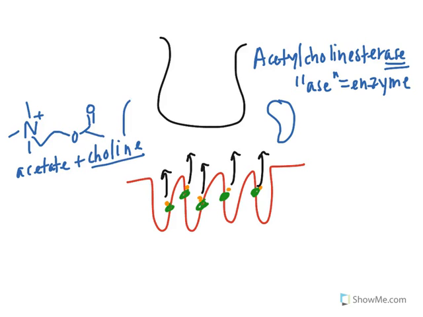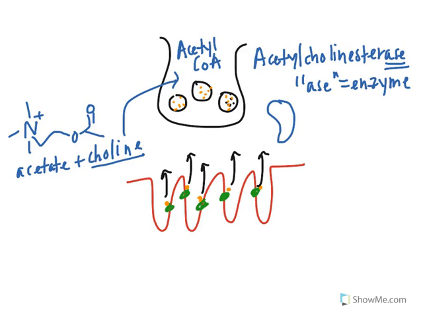Now, choline can be taken up back into the cell, combined with coenzyme acetyl-CoA to remake acetylcholine neurotransmitter, which can be released when the next action potential propagates down and reaches the axon terminal.